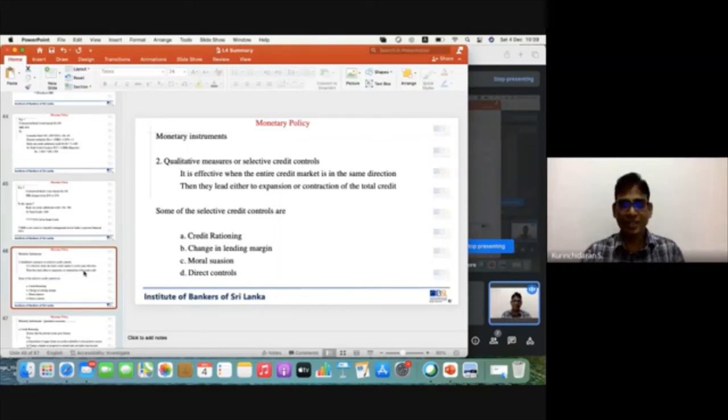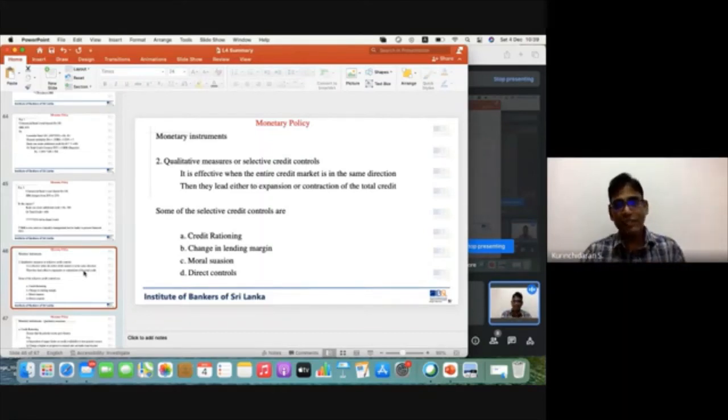So what did the central bank do? The central bank said, okay, all the banks should maintain a minimum of 10% of their portfolio in the agriculture sector. That's credit rationing. Every bank should lend 10% of their total portfolio to the agriculture sector. There's no quantitative measurement, right? Like we discussed earlier, it's a qualitative thing.